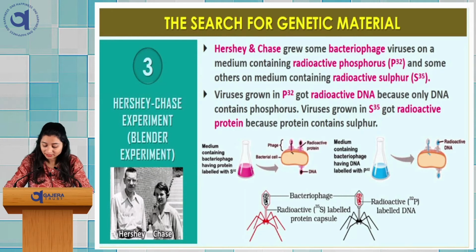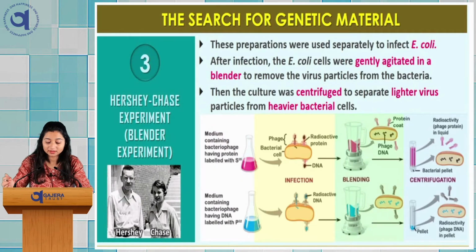In one of the conditions, they prepared the inoculum and tried to infect the E. coli bacteria. After letting them cause the infection for a short time, the E. coli cells were gently agitated using a blender, which helped in the removal of the virus particles from the bacteria.